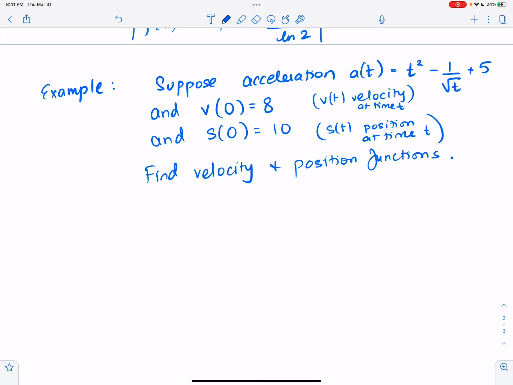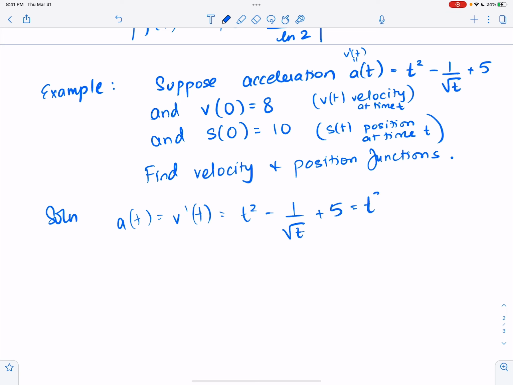First step, we're given the acceleration. What do you know about the acceleration? That is v prime. So you know a of t, which is v prime of t, is t squared minus 1 over root t plus 5.